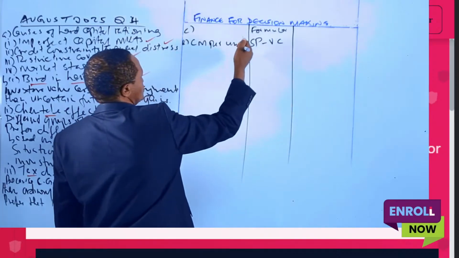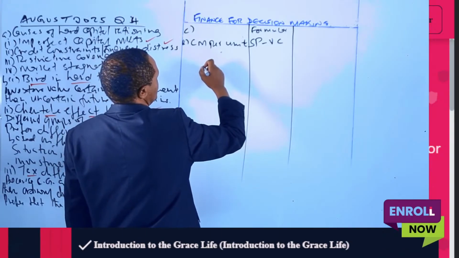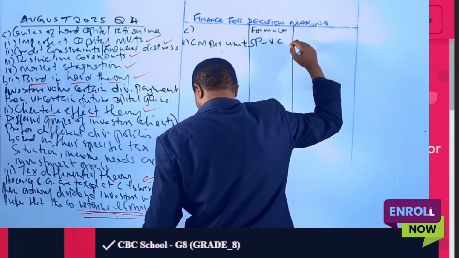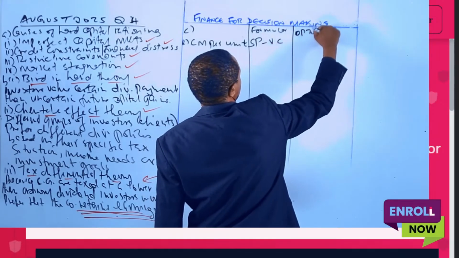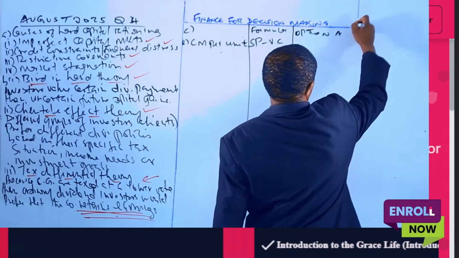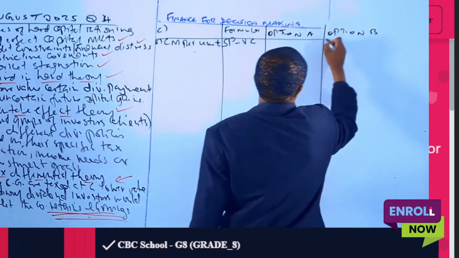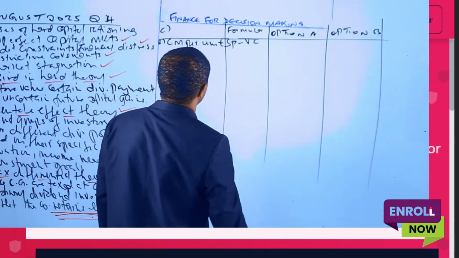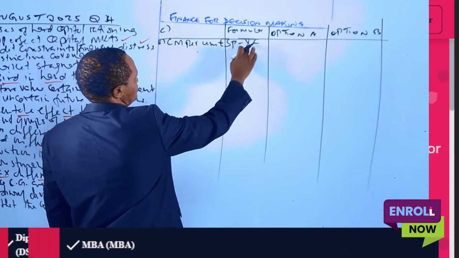So we have the contribution margin for option A and option B. Contribution margin is equal to selling price per unit minus variable cost per unit.